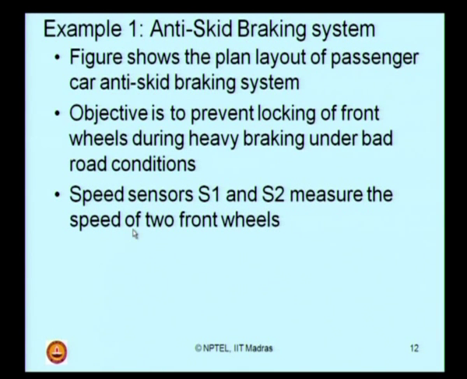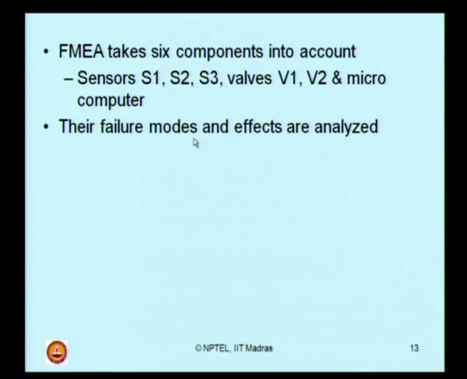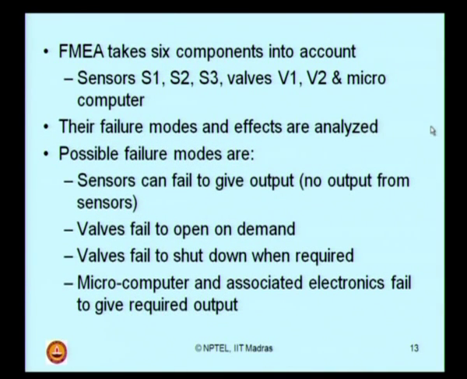There are speed sensors S1 and S2 which measure the speed in the front wheel. The FMEA considers 6 components: sensors S1, S2, S3 and valves V1, V2 and a microcomputer. These failure modes and effects are analyzed using a design FMEA problem.